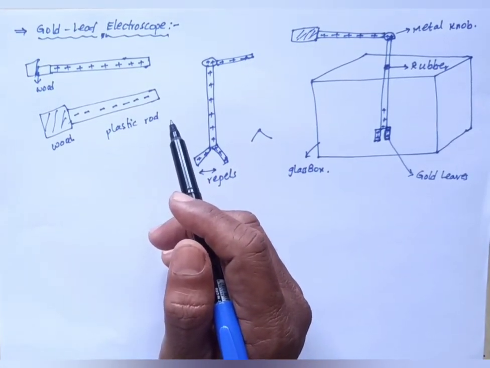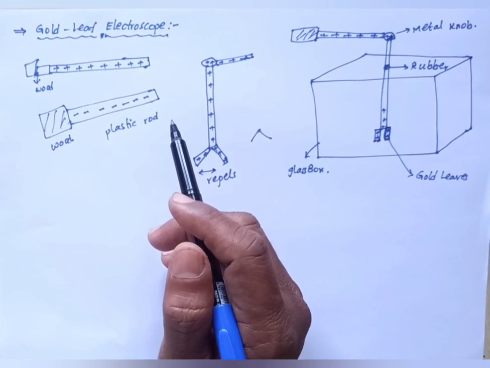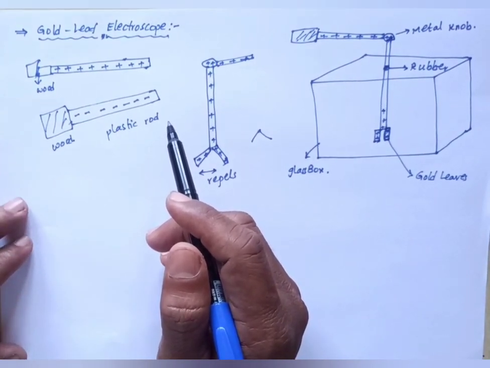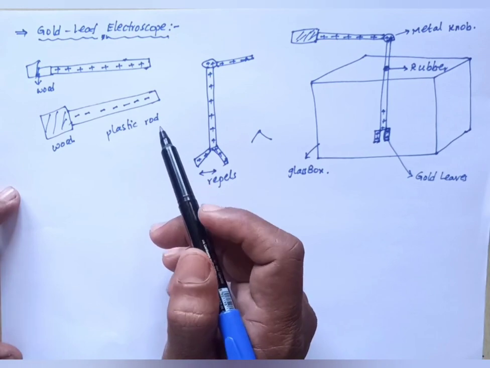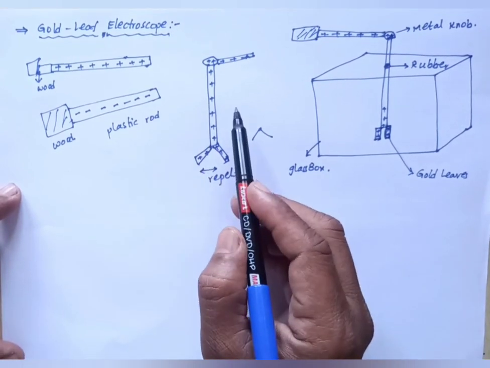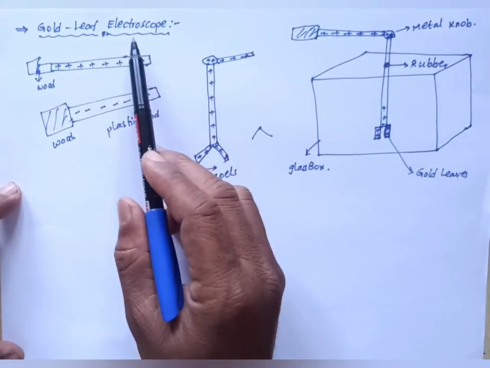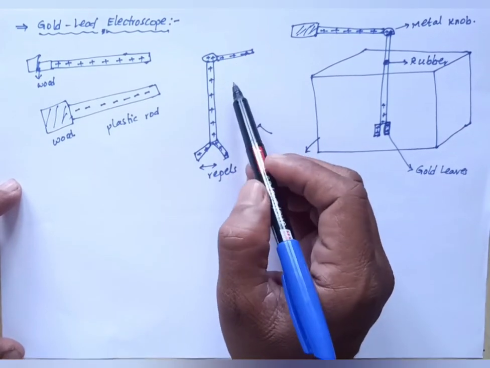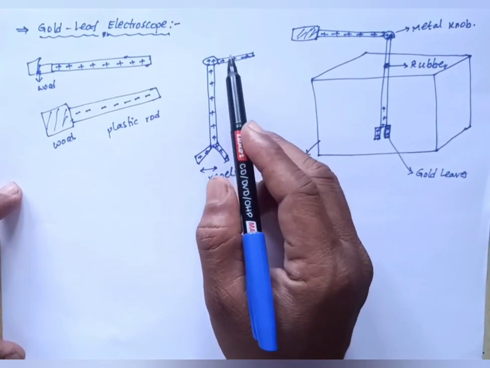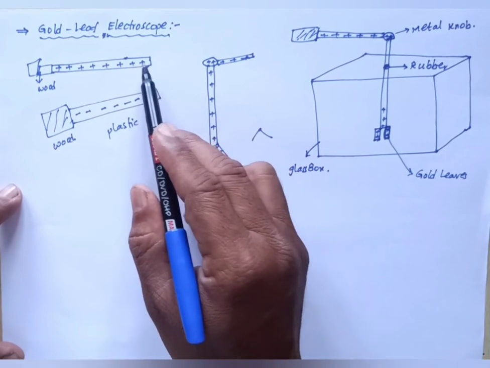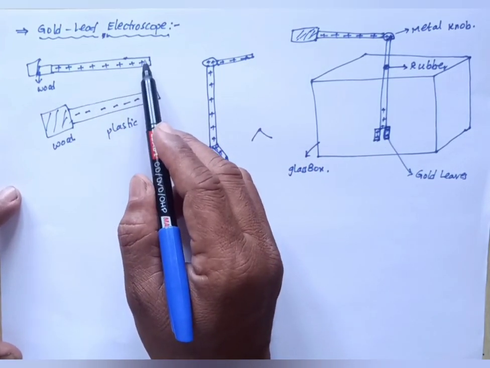And here, no new charge is created in the rubbing. So when a silk cloth is rubbed with a glass rod, what happens?